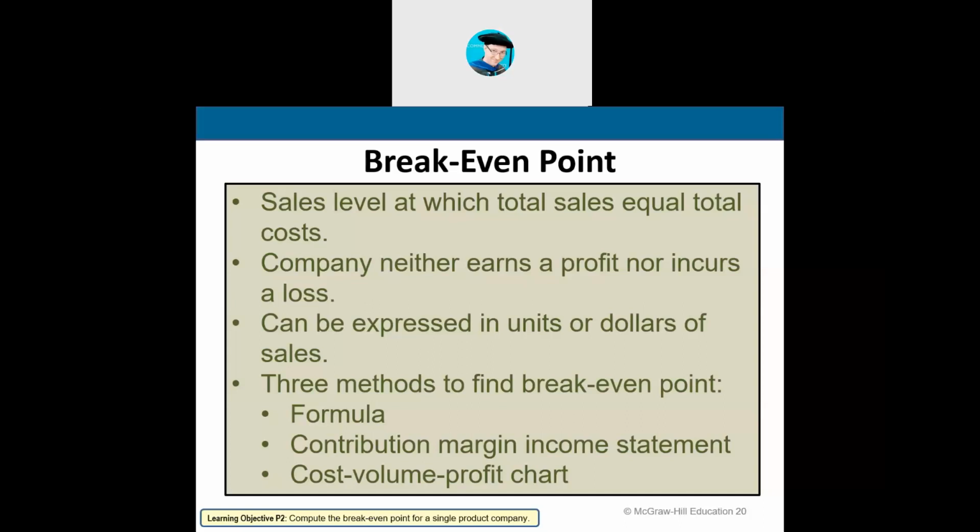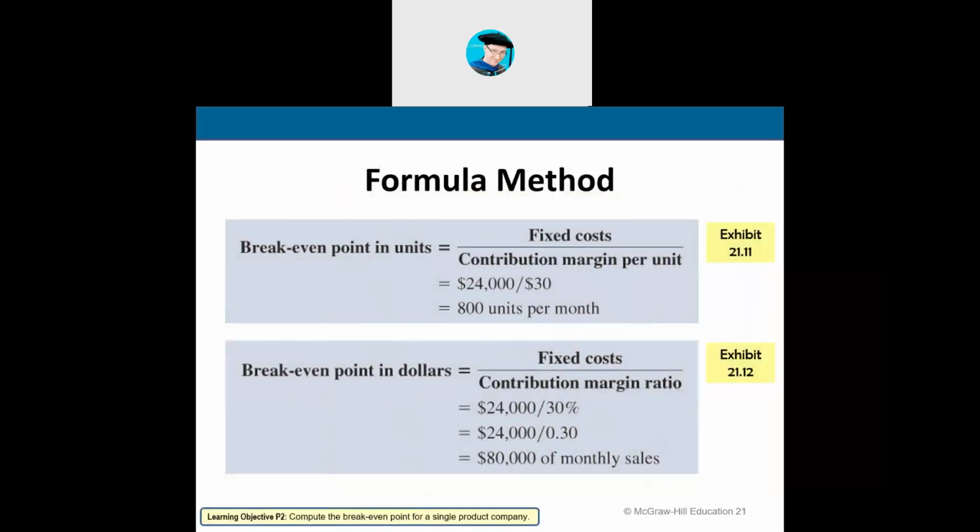There are three methods that we use primarily to compute break even point: the formula method, contribution margin method, and the cost volume profit chart. If I want to find the number of units I need to sell in order to break even, I take my total fixed cost divided by my contribution margin per unit.